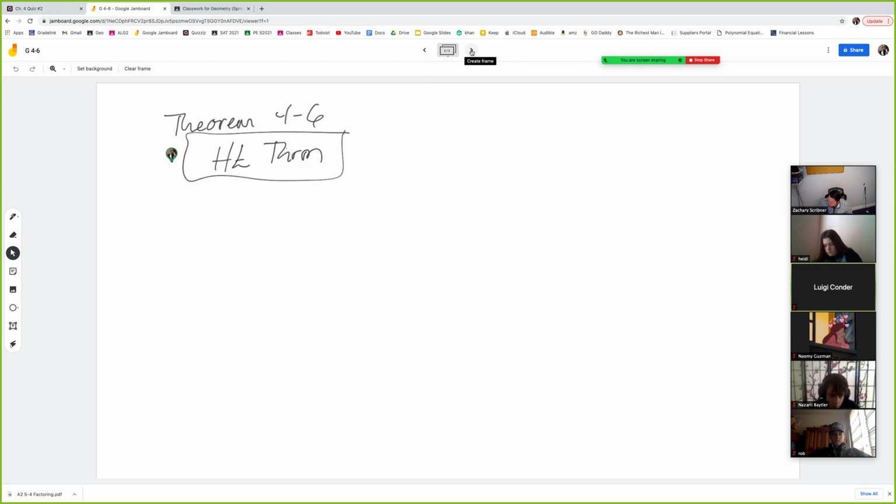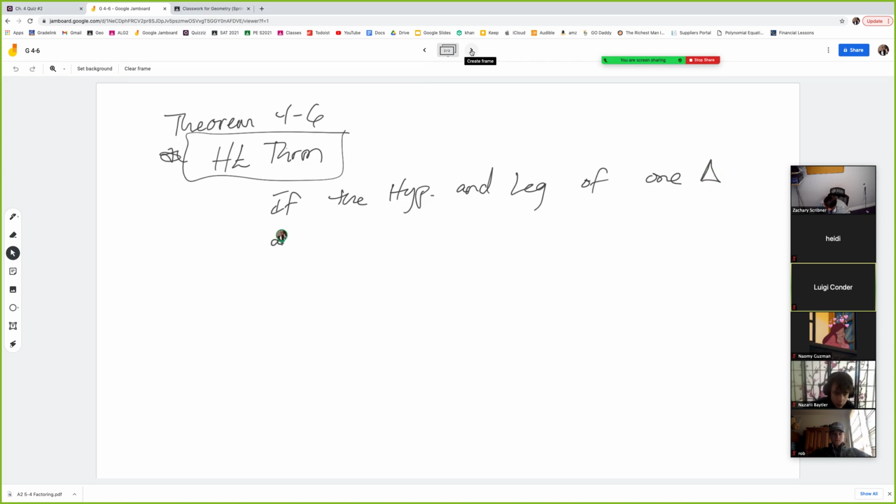Our terminology for it will be the HL theorem, the hypotenuse leg theorem. If the hypotenuse and leg of one right triangle are congruent to the hypotenuse and leg of another right triangle, then the triangles are congruent.